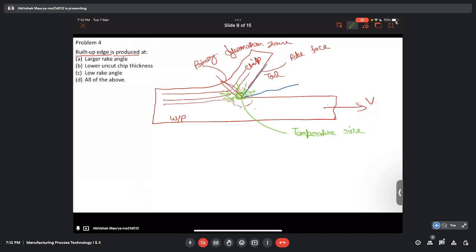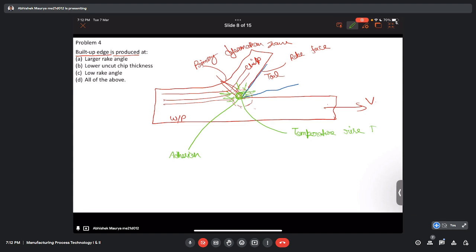Because of the rise in temperature, there is a chance of sticking of workpiece material to the tool rake face or the tool tip.